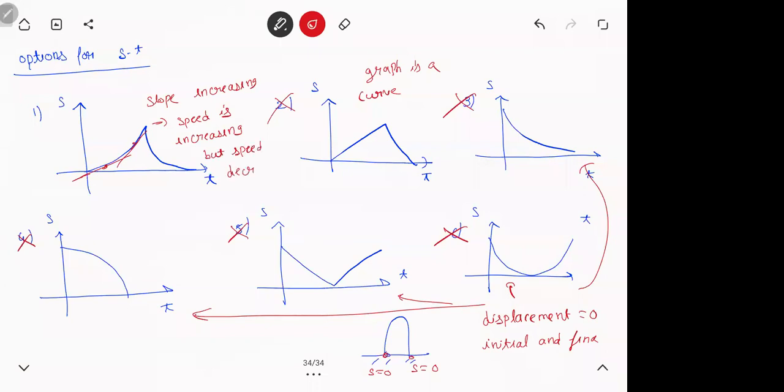Are you getting it? The slope is another powerful weapon. That's why it is wrong. When you're going up, speed should decrease, but here the slope is increasing, it is becoming sharper. Are you getting my point? That's why the first option is wrong, because the slope is increasing, the speed is increasing, but in reality, the speed should decrease. Is that fine, everyone?